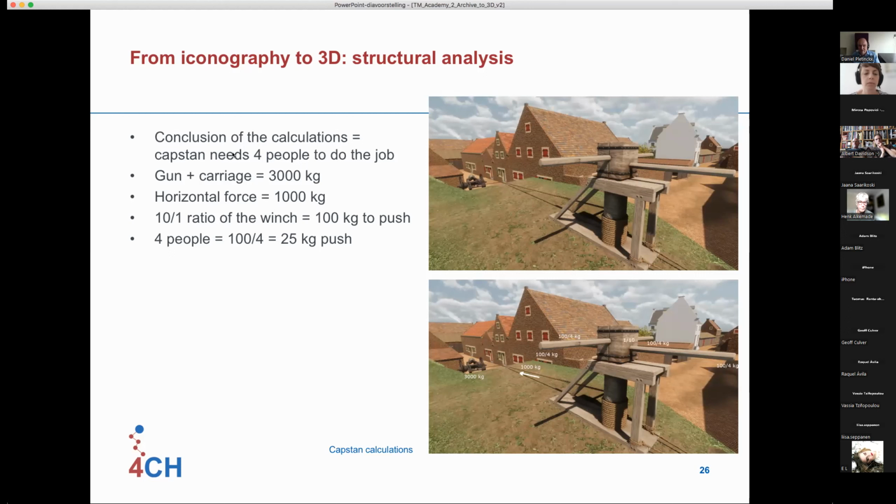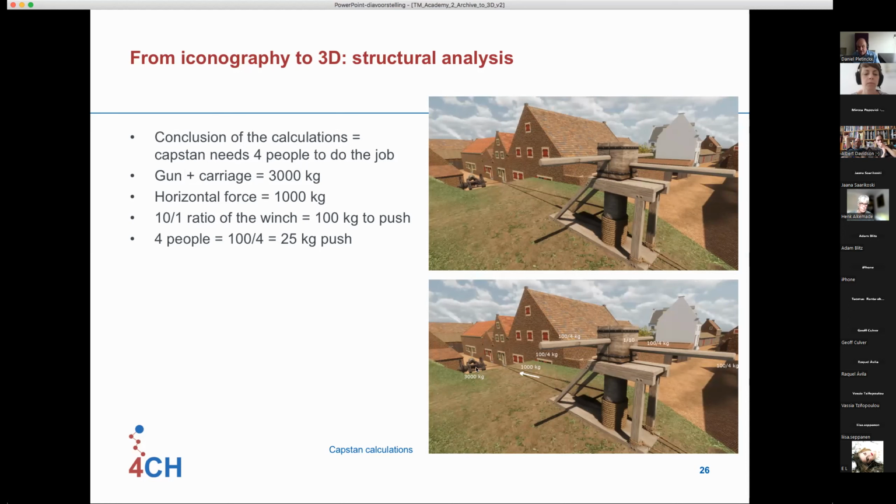Let's do the calculations. Typically, you see that you have 4 places that somebody can push. So typically, you do this with 4 people that go around the capstan and push, and in this way, get your gun up. Your gun is 3,000 kilograms plus carriage. And of course, it is a slope.